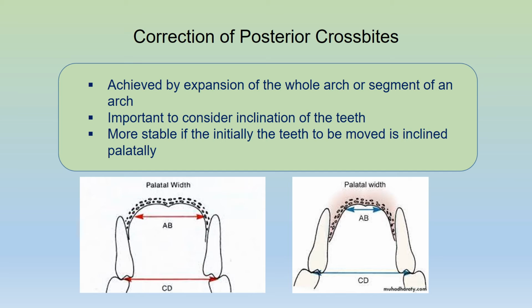In this situation, it's a little bit more difficult to expand the arch, as the teeth are already buccally tilted. Tilting the teeth more buccally will result in periodontal damage such as dehiscence and fenestrations of the buccal plate of bone.